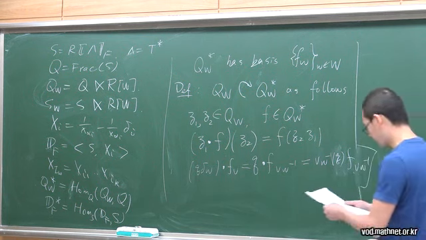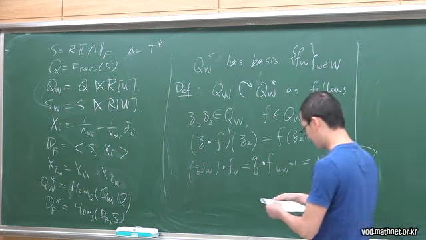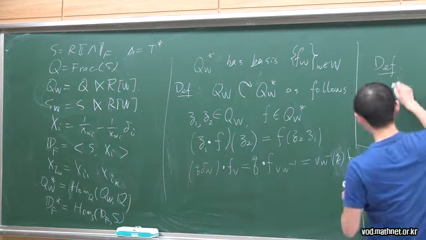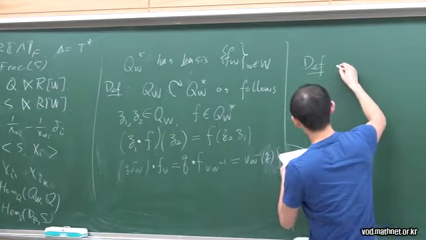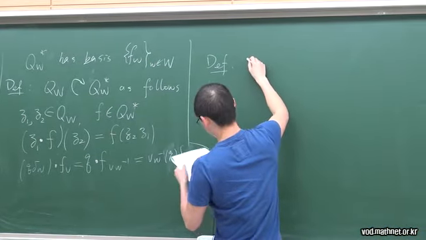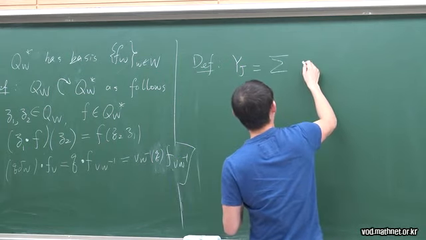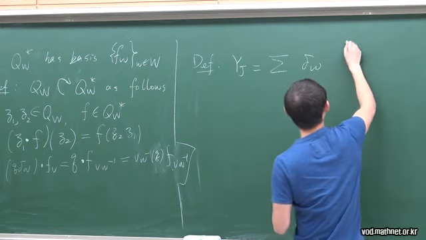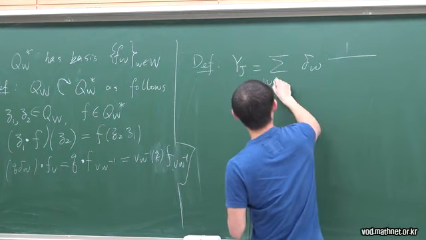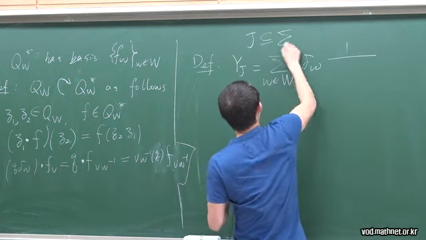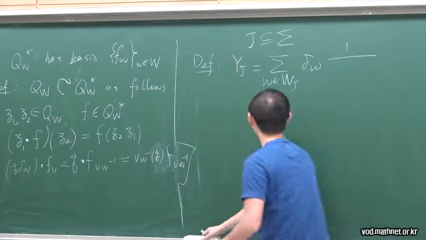Now let me define some special elements. First one is this y_J. That is, consider delta_w, w from W_J. So here J is a subset of simple roots.